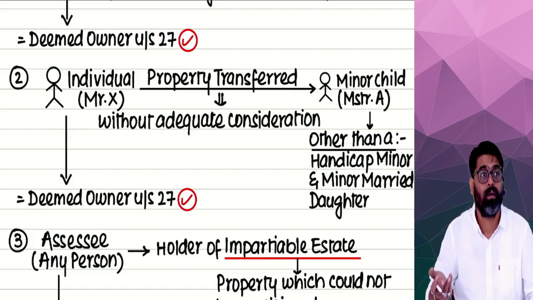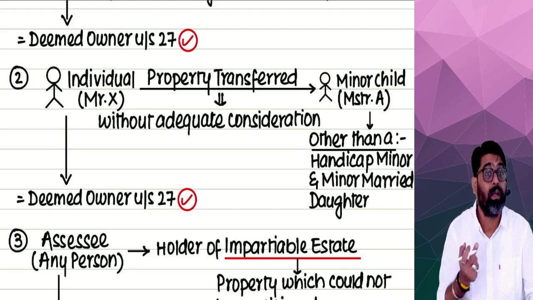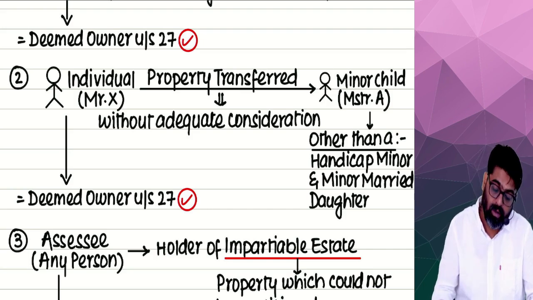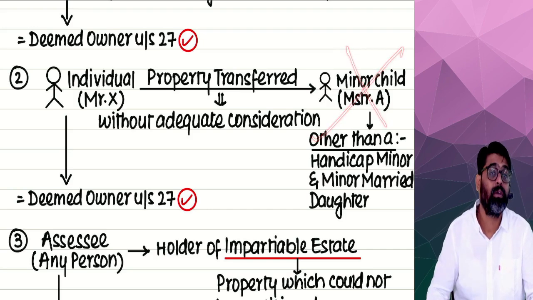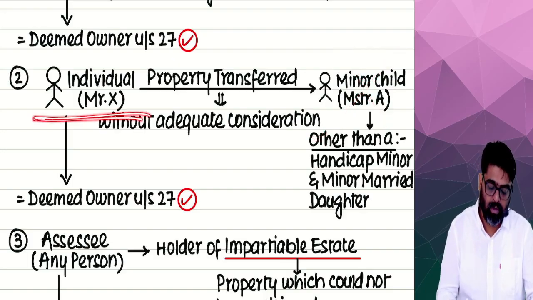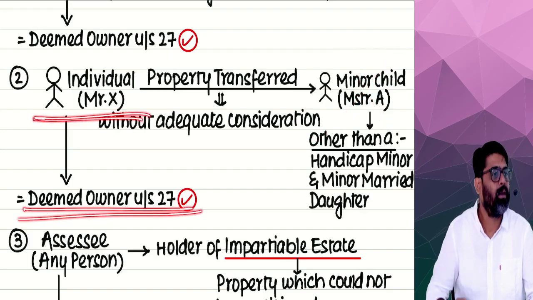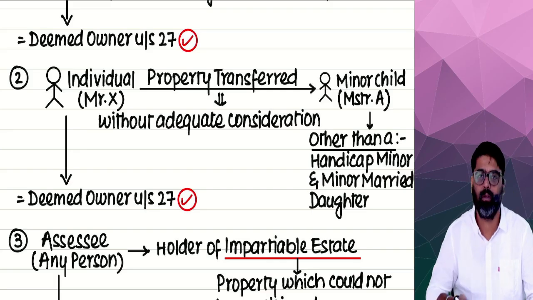Minor. But for the purpose of chargeability of this income in your hands, we will not treat your minor child as owner. You will only be treated as the deemed owner. Because here also the government is going to lose the tax.